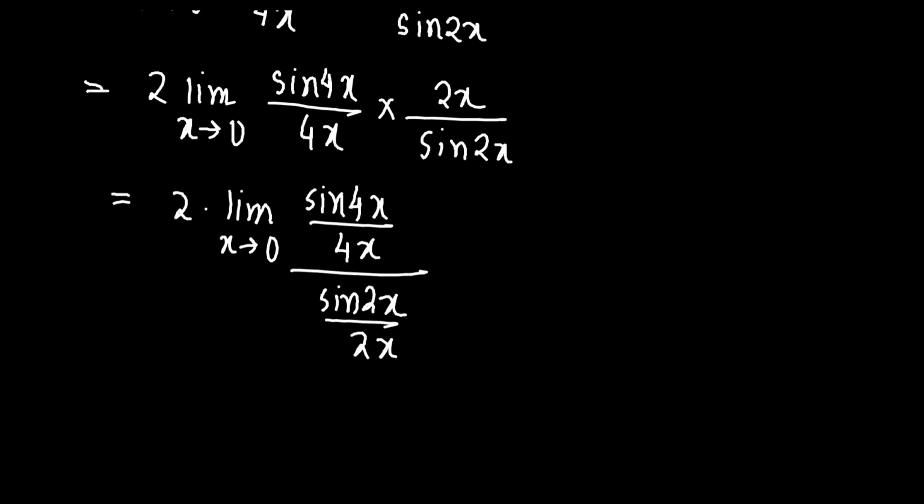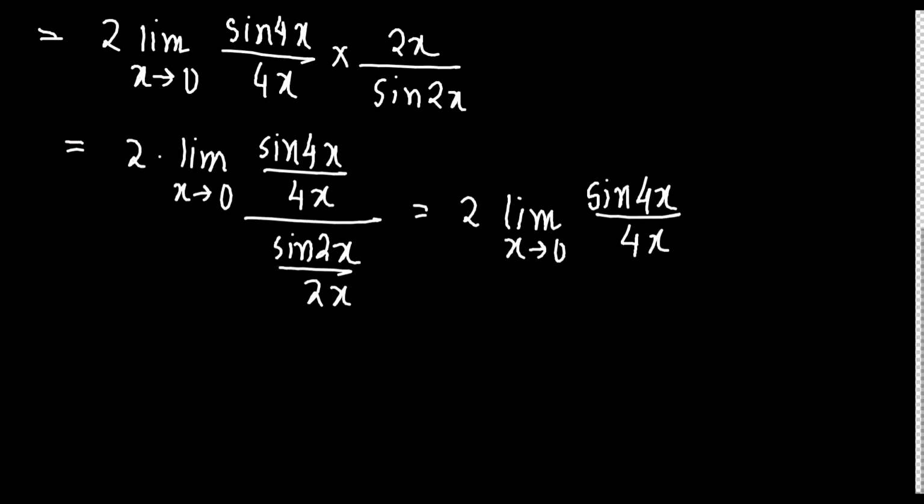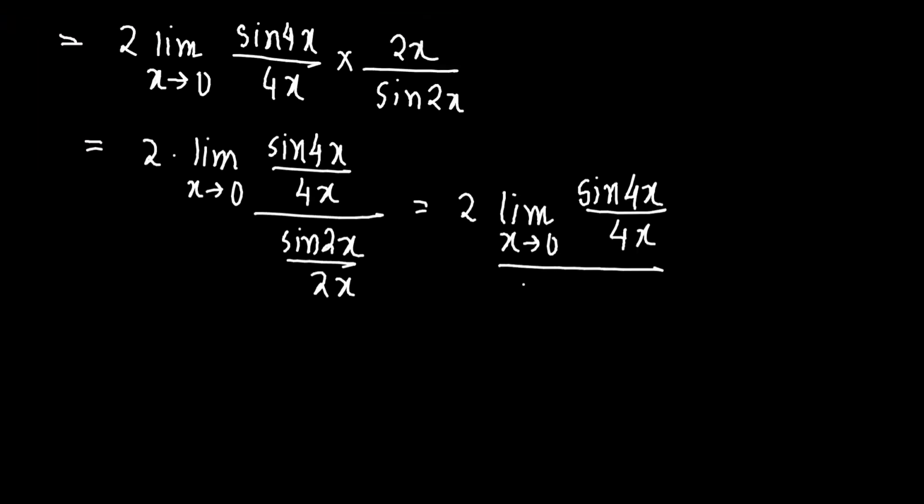Okay, now since both are giving us a finite value, that means both are existing finitely, then we can write it as 2 into limit x tends to 0 sin 4x by 4x by limit x tends to 0 sin 2x by 2x.